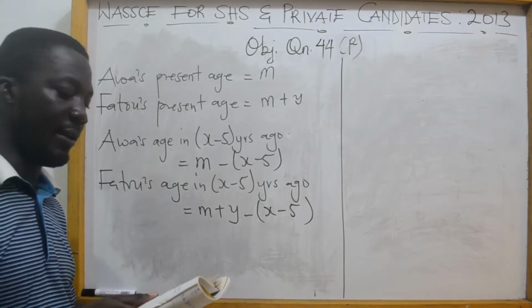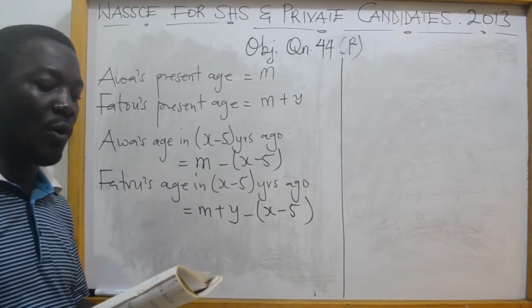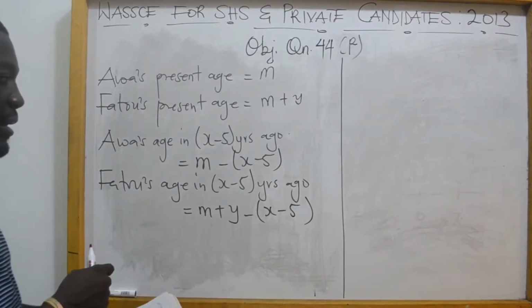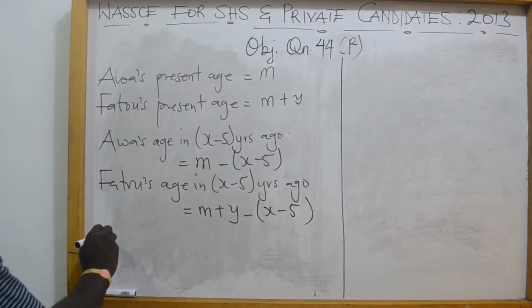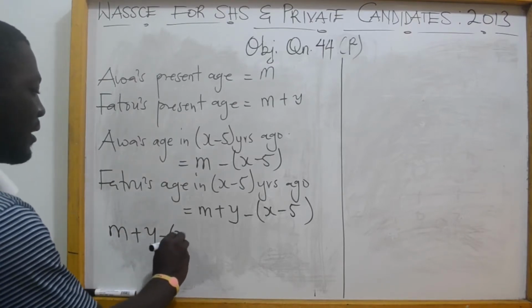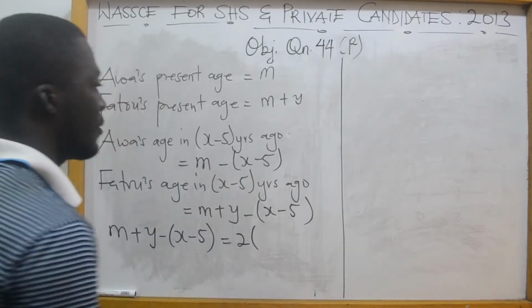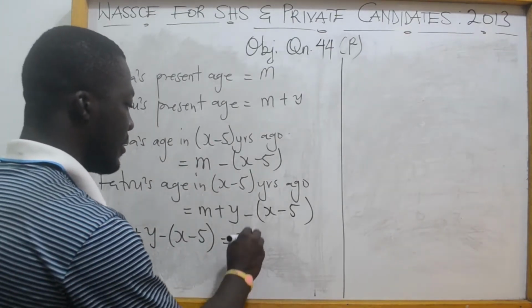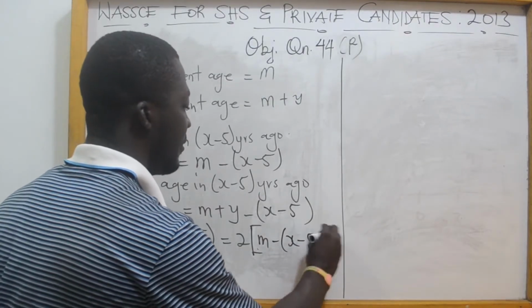So I'm taking that part again. If x minus 5 years ago, Tau was twice as old as R, so in that period, x minus 5 years ago, Tau's age at that moment, m plus y minus (x minus 5), is twice as old as R in that same period, which is m minus (x minus 5).